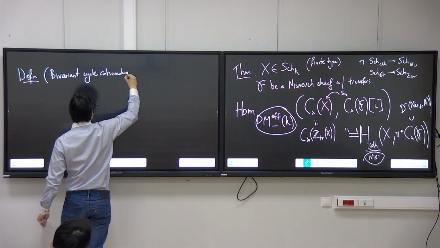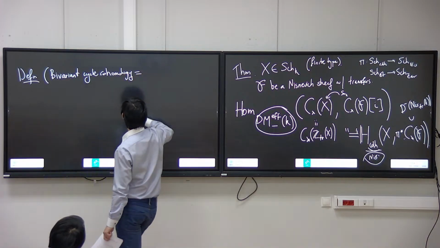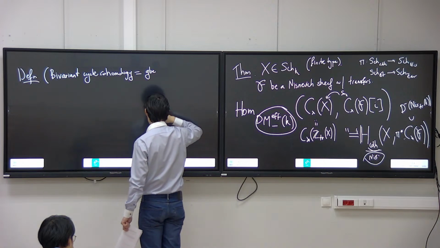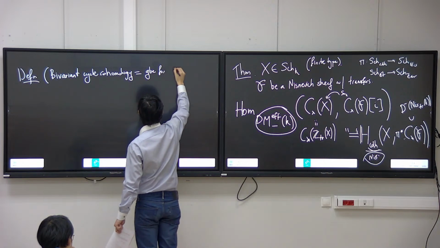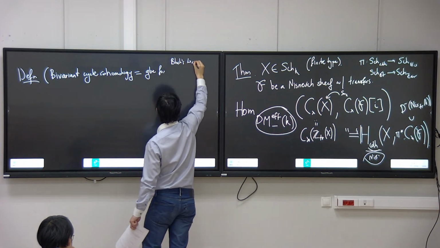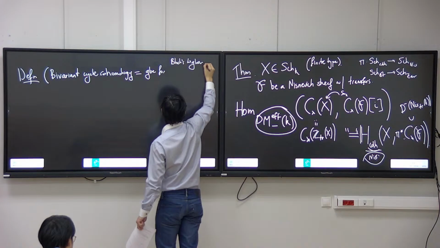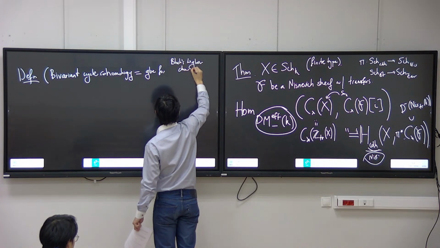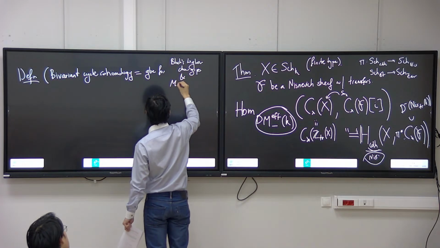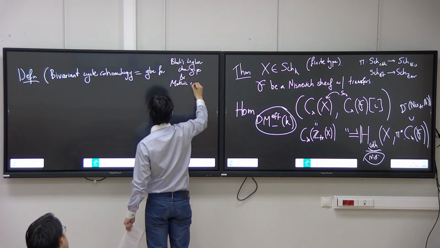You can think of this definition as kind of like the glue for Bloch's higher Chow groups and motivic cohomology.